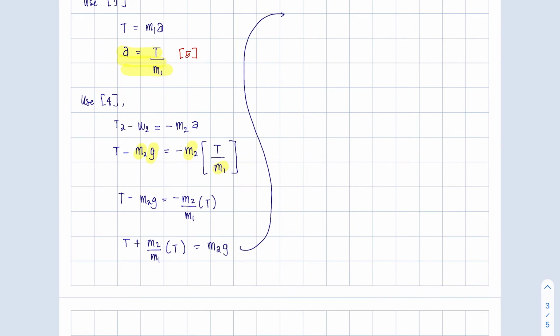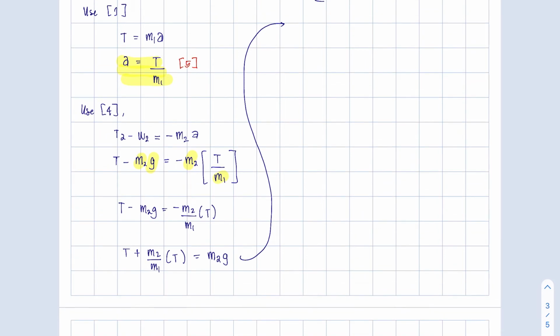Continuing from there, I will factor out T. So T times 1 plus this term, m2 over m1, is equal to m2g. Now, I will write this in a more compact form. Everything will be under m1. So this will be m1 plus m2 over m1, is equal to m2g.